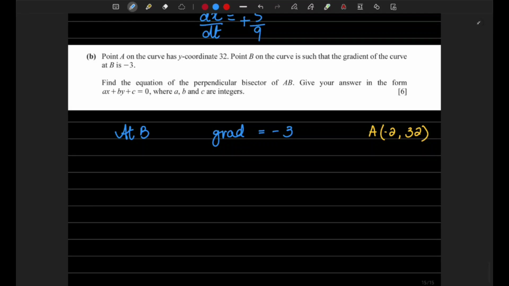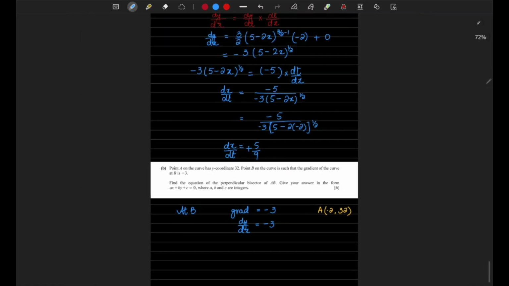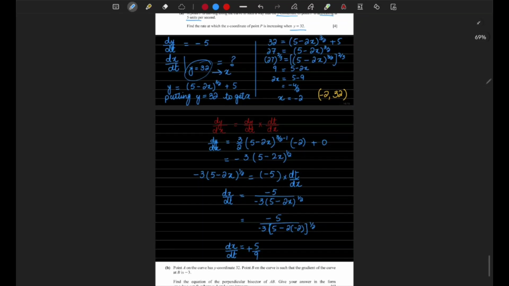So if we know the gradient, then how can we find the point B? As we know that the gradient is -3 at point B, what is this actually given? dy by dx is given to be -3. And what was dy by dx? We found it to be here.